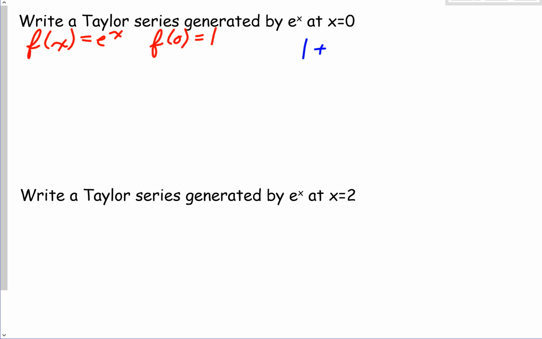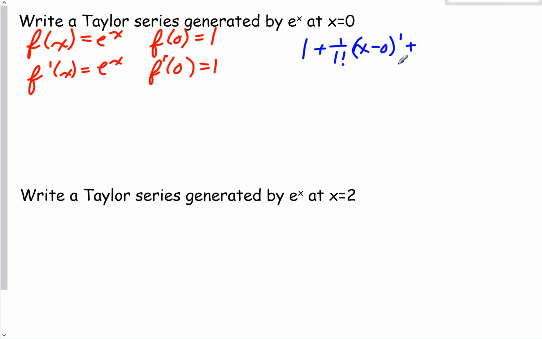For the second term, I need to know f prime of x, which is going to be e to the x, and f prime of 0 there, because the 0 is where we're centered at, is 1. So my second term is 1 over 1 factorial times x minus 0 to the first.